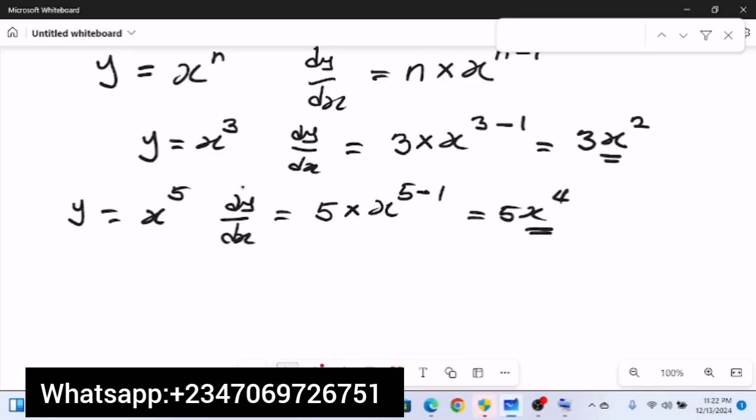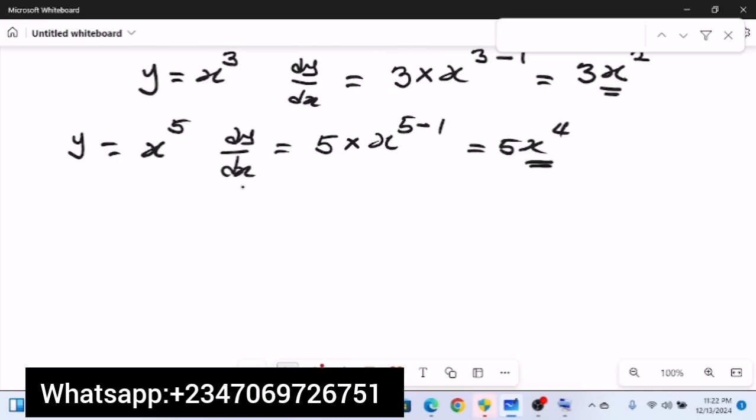Now what of situations where you have rational functions? Let's say I have y equal to 1 all over x to the power of 2, and you're asked to find dy/dx using the power rule. The first thing you do is break this rational function from being a fraction into a power.